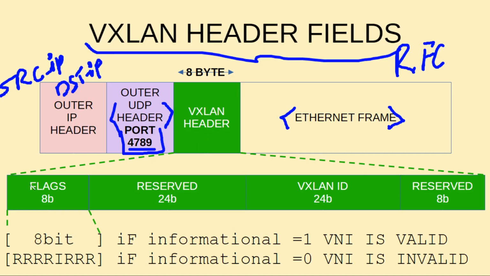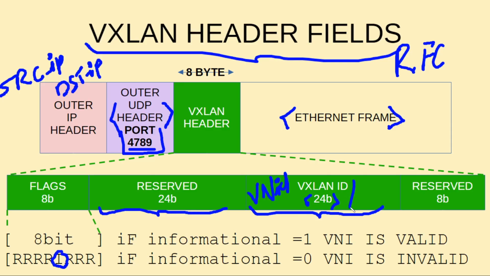We have a flags field where we are only using one bit, the informational bit. We have then a reserved field, and then we have a space here to store the virtual network ID. Remember that it is a 24-bit wide field, so we can have around 16 million different possibilities here, and then we have another reserved field.